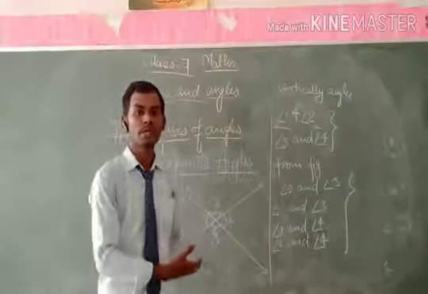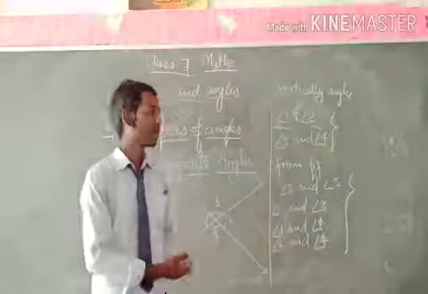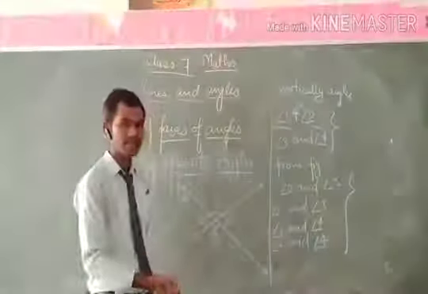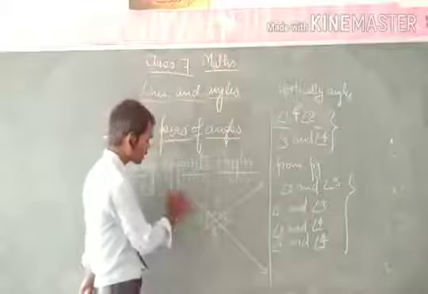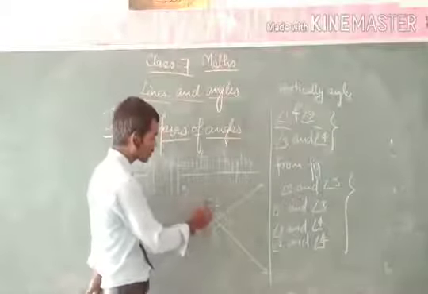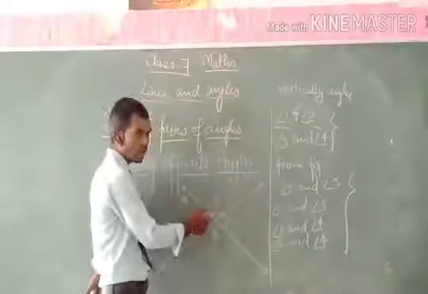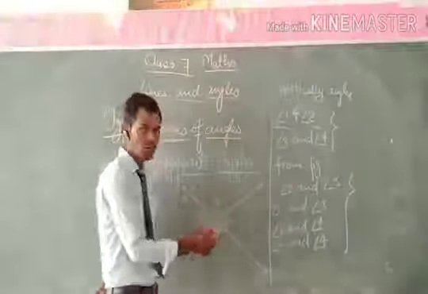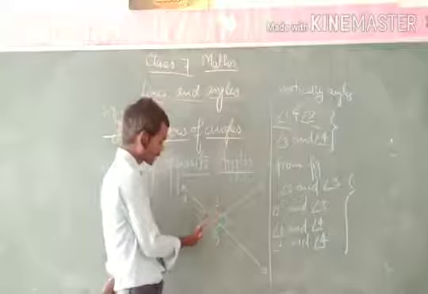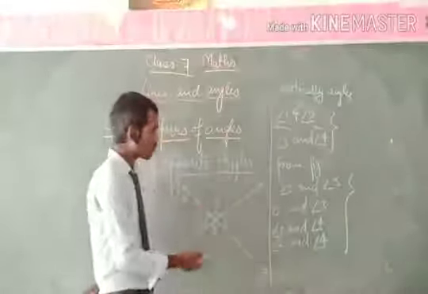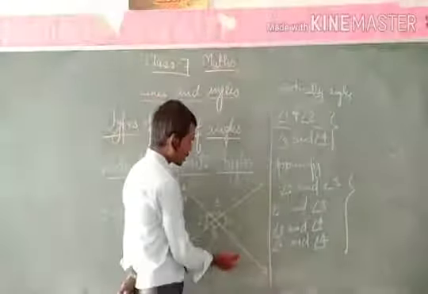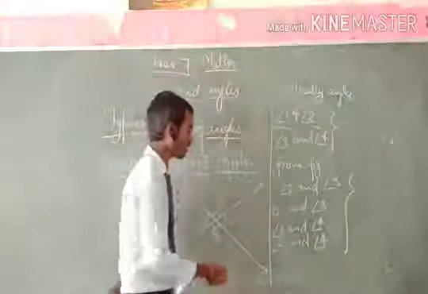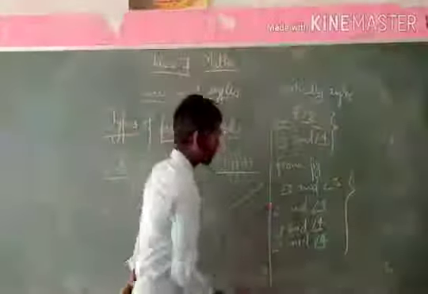Also we can say that angle 2 and angle 3 are adjacent angles, because here the side OU is common for both angles, and also the vertex O is common for both angles. So we can define the other linear pairs, adjacent angles, and supplementary angles for all these other three pairs.